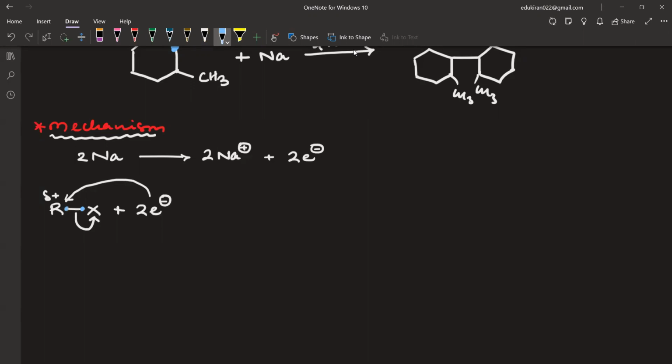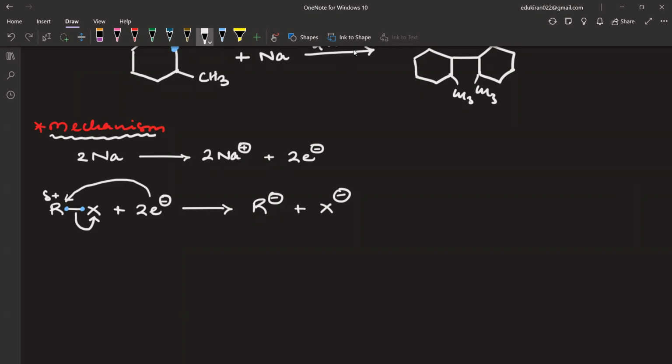Now carbon is one electron less, but it is getting two electrons. So overall, R will get a negative charge and X will get a negative charge. I hope you understand why R is also getting a negative charge and X is also getting a negative charge, because X is taking one electron of carbon, but the carbon is getting two electrons. Also, the reactant has two negative charges, and the product also has two negative charges. So charge wise also it is balanced.